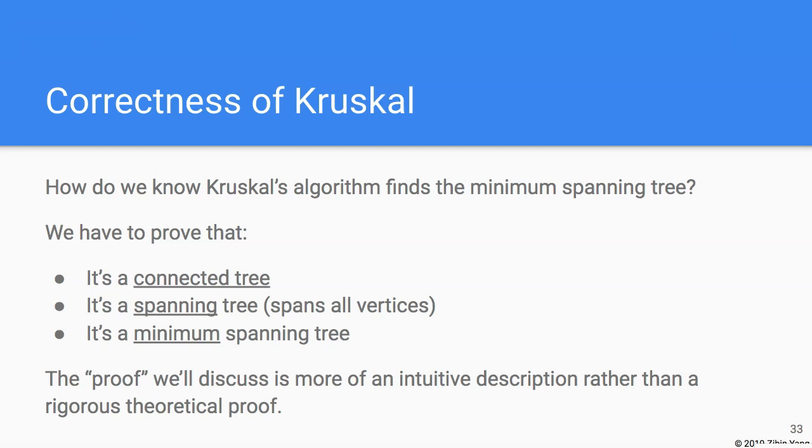Okay, so now that we know how the algorithm works, we want to know whether the algorithm gives the correct solution to the problem, right? That it actually finds the minimum spanning tree for a given graph.